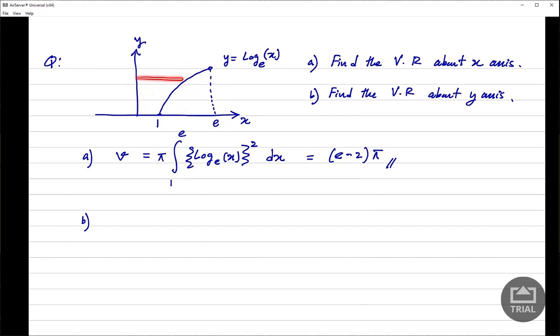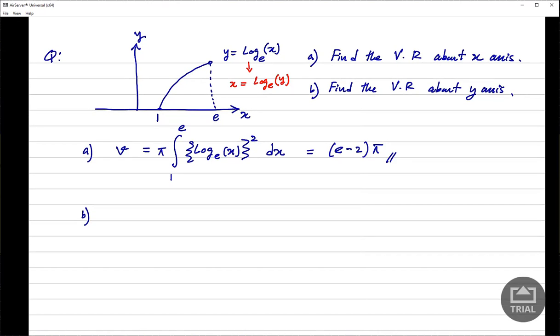Now, to find this one, you have to write x in terms of y, right? So what typically you do, you take the inverse of this one. When you take the inverse of this one, you get x here, log y, right?